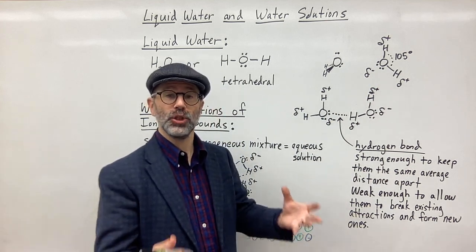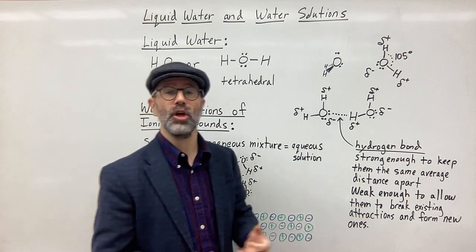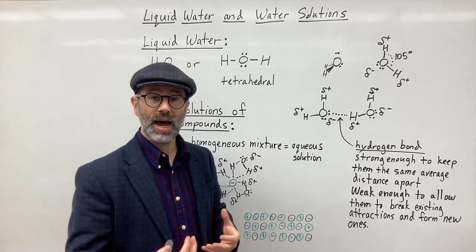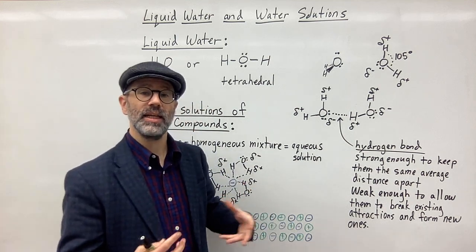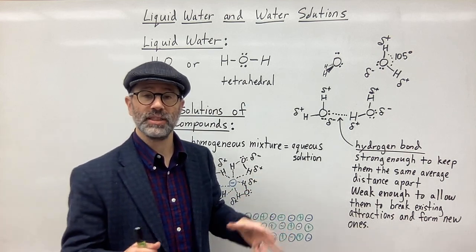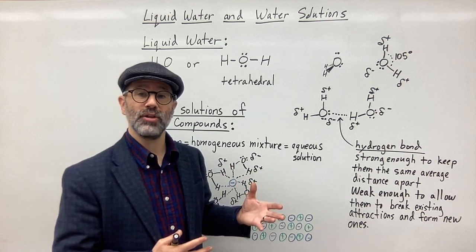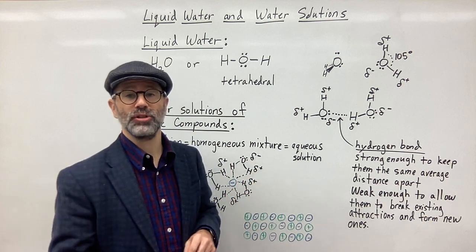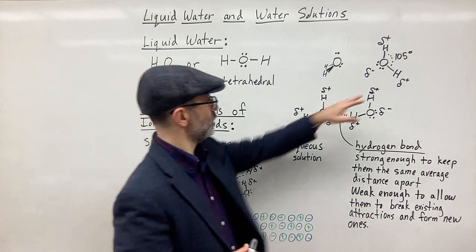It's going to attract those bonded electrons closer to the oxygen so that the electron density is going to be more around the oxygen than it is around the hydrogens, giving a partial positive to the hydrogens and a partial negative charge to the oxygen written here.